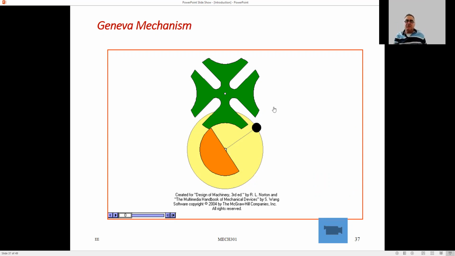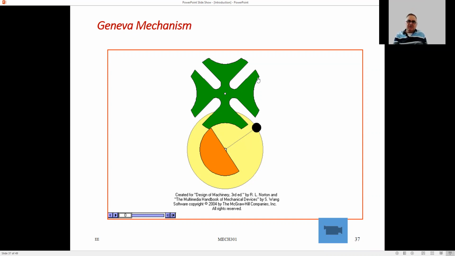It is an intermittent motion mechanism. This yellow thing rotates continuously, and it engages with this green link, as you see, and makes it rotate 90 degrees, and then it disengages, and then this whole thing makes one more rotation.